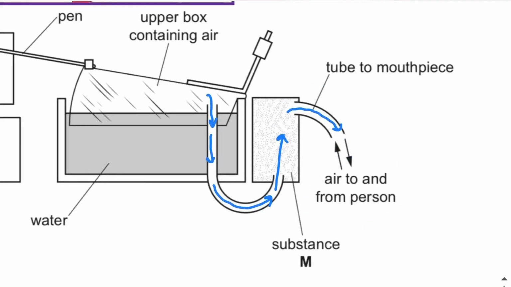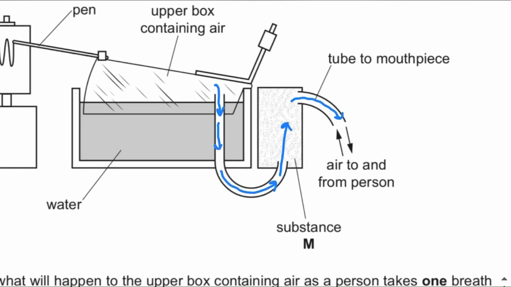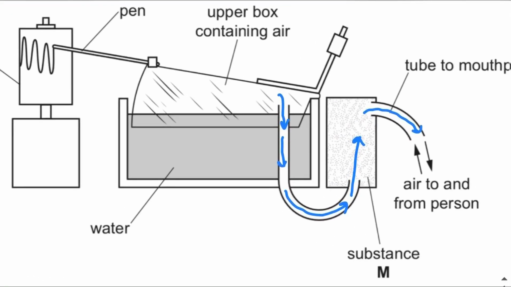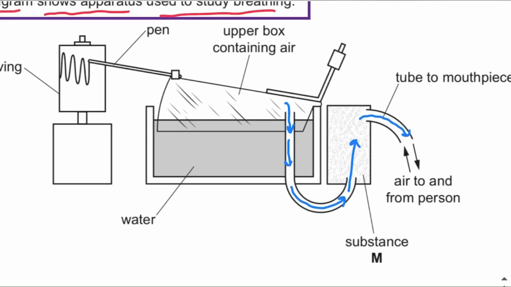So when the person is breathing in, the air is moving like this as shown. So what will happen if a person is breathing in? Obviously, the air in the upper box will decrease, and we can say that the upper box will collapse, or it will kind of fall, right? And this pen will go downward, right?